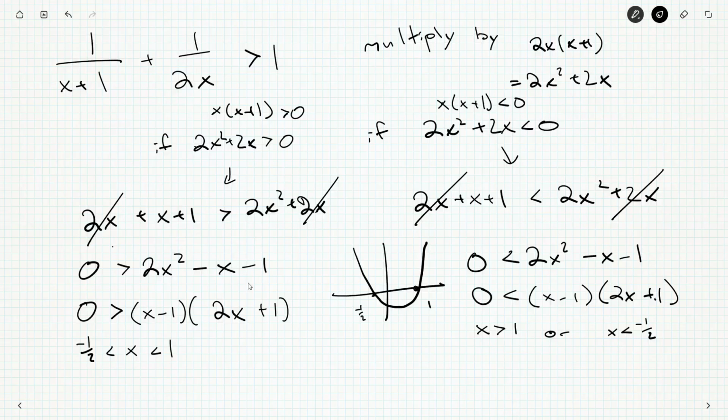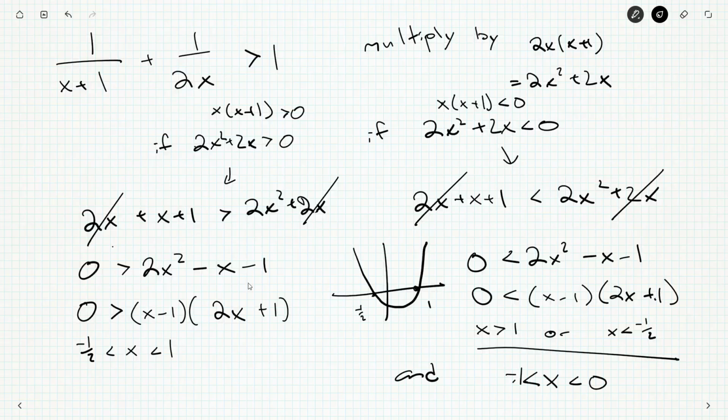And again, it's an upward facing parabola, so we need x greater than 1 or less than negative a half, and we need it to be between the two roots up here, 0 and negative 1.